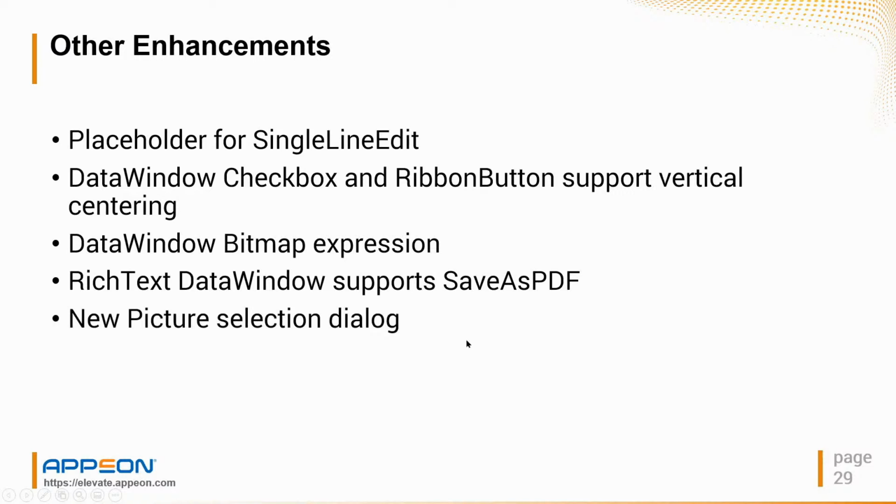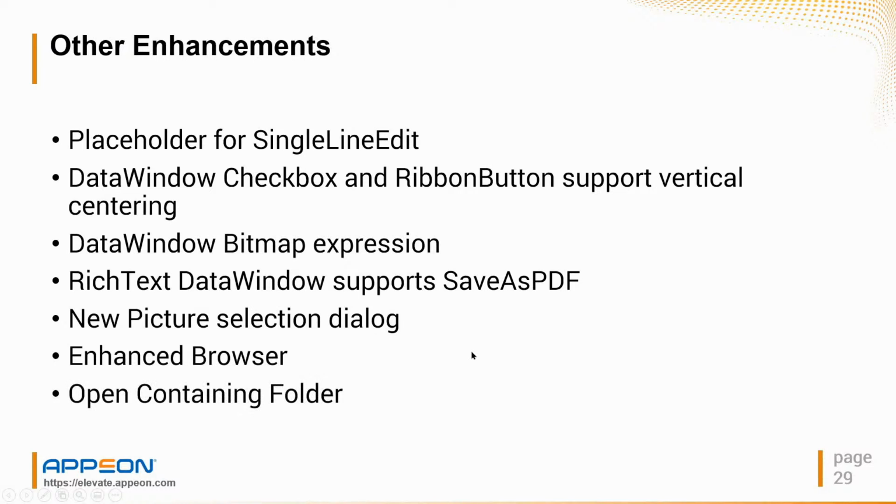It makes it a whole lot simpler to pick out resources, the bitmaps that are supplied with PowerBuilder that you might want to use in your RibbonBar or in your toolbar on your menu item or whatever. And there's been some enhancements to the browser as well, which we'll see. And an open containing folder option.